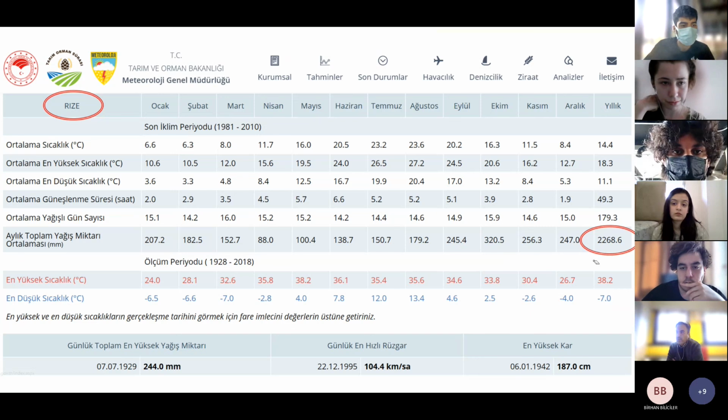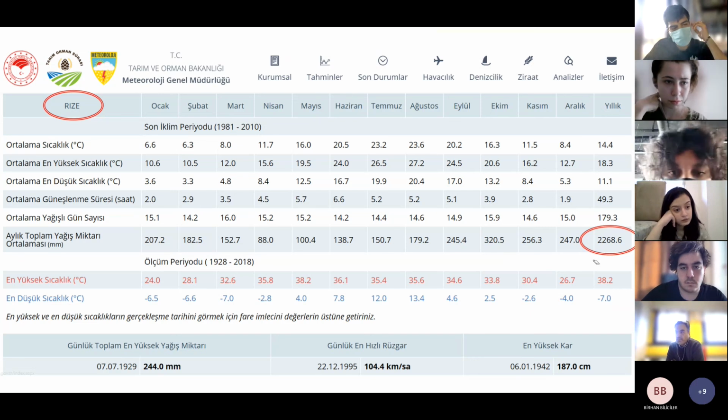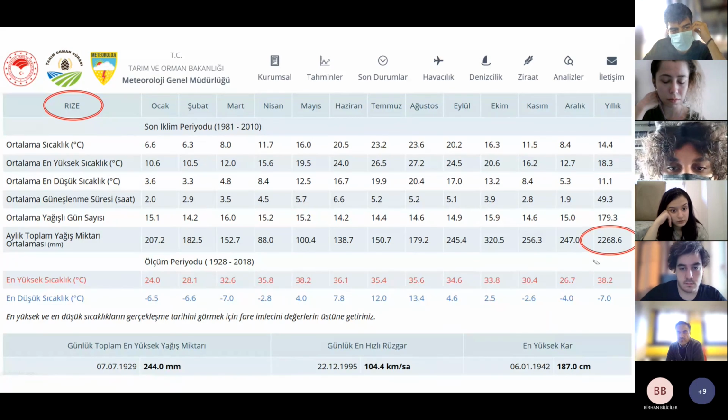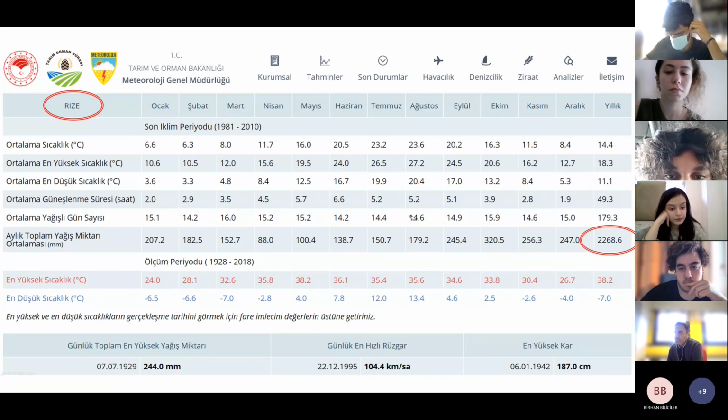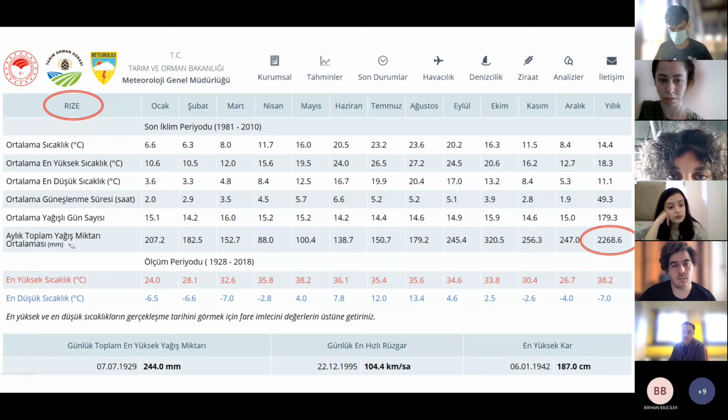This data was taken from the Meteorology Organization of Turkey, and you see these are monthly data including temperature and total monthly rainfall. Okay, total monthly rainfall is what I'm interested in.